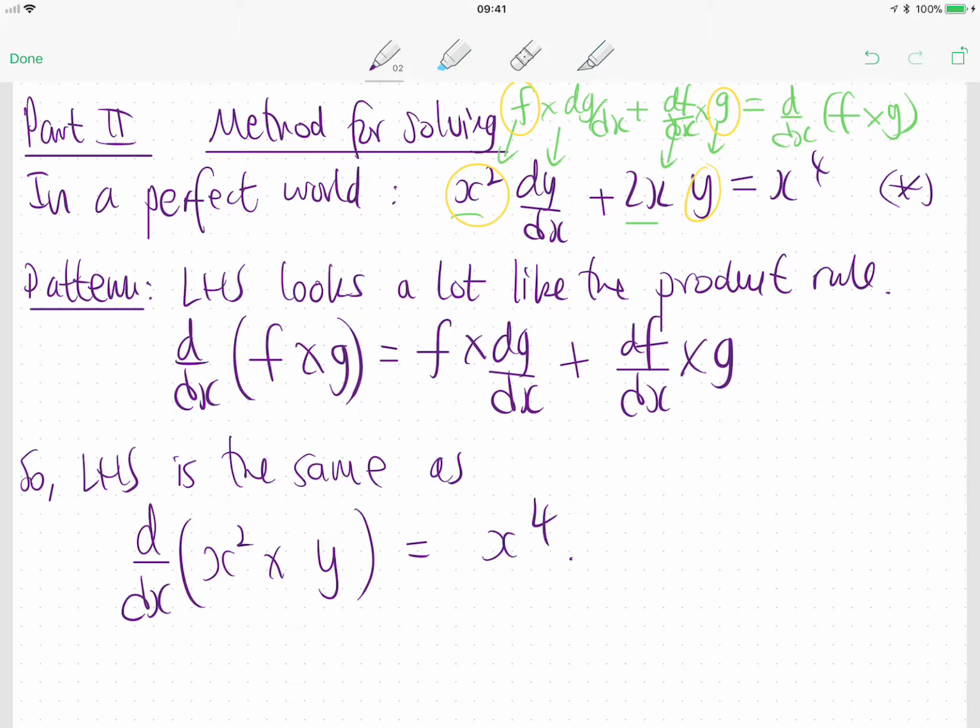So the reason why I mentioned this is a very nice example is because the left hand side is a product rule. I can rewrite it in this form, and this problem is much easier to solve. So how would we solve this problem? Well, that's quite important, so let's take a look at some of the steps.